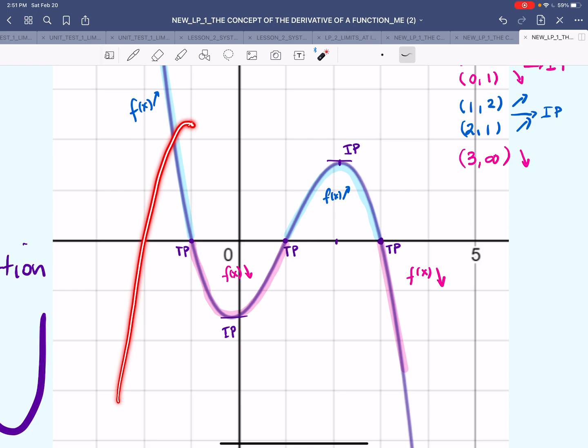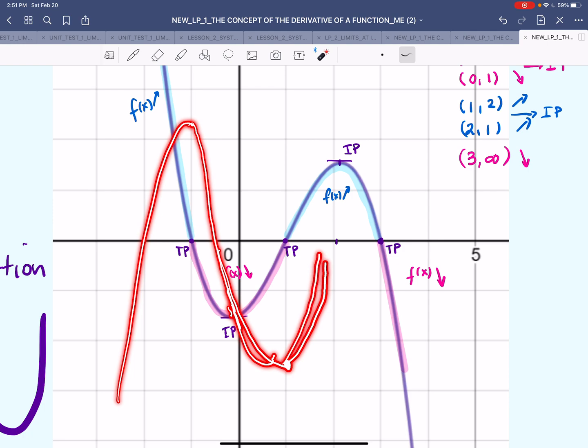And then the function will start decreasing here. And right at 0, or actually a little bit to the left of 0, it will have an inflection point, which means that it will start picking up the speed, right? And it will hit a turning point right here, and it will start increasing.